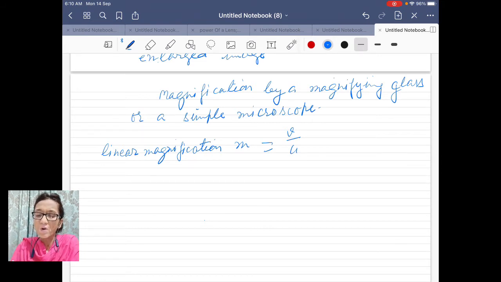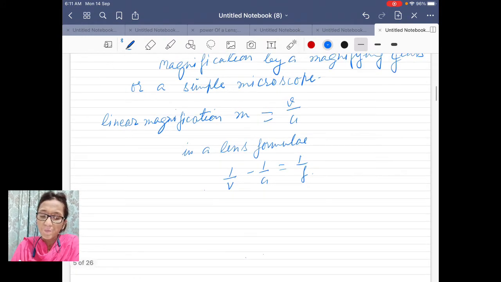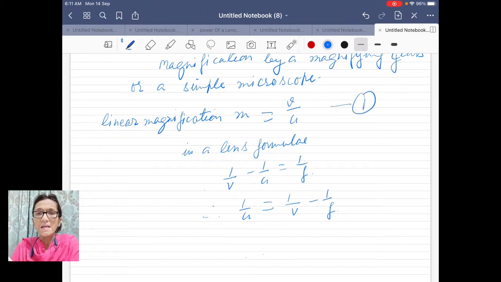But firstly I am going to convert this U in terms of V and F. Using the lens formula, you know that 1 by V minus 1 by U is equal to 1 upon F, and therefore 1 upon U is equal to 1 upon V minus 1 upon F. So I am putting this value in equation 1.